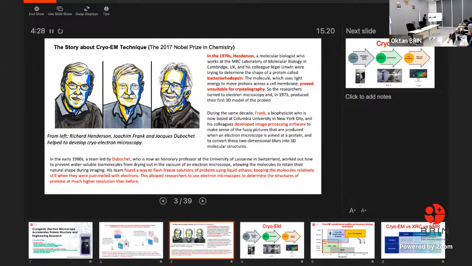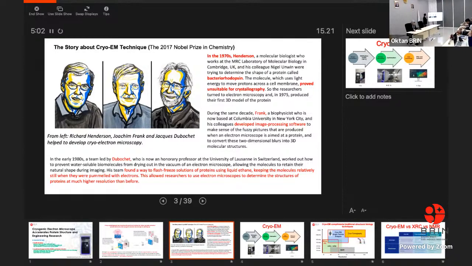Then in 1980, a team led by Dubochet, who is also an honorary professor at the University of Lausanne, Switzerland, found a way to flash freeze biomolecules in solution using liquid ethane. This kind of technique is very important in cryo-electron microscopy.